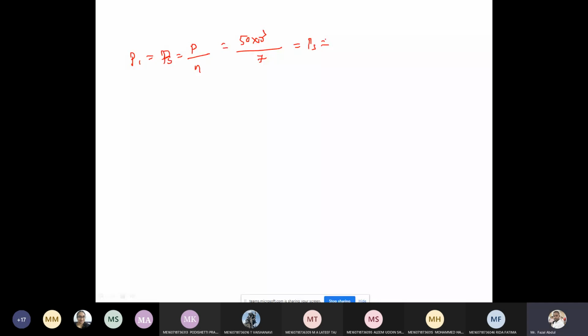7142. Very good. 7142 newtons. Now the second force P2 I introduced here. This P2 is responsible for the secondary shear force, that is F. It means how many Fs are there for this figure?